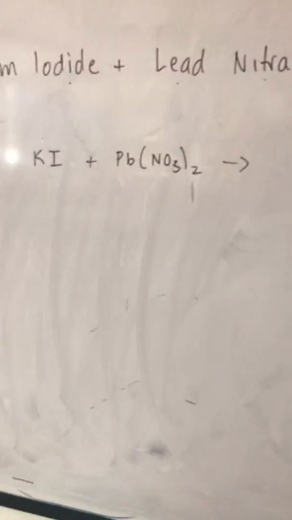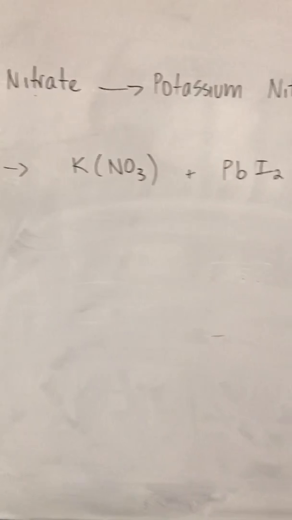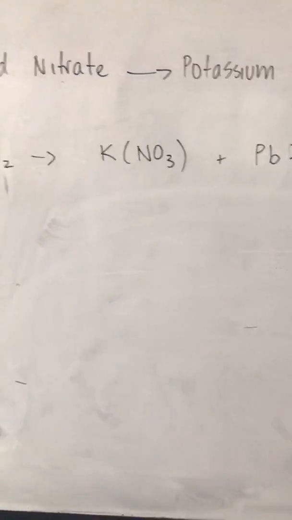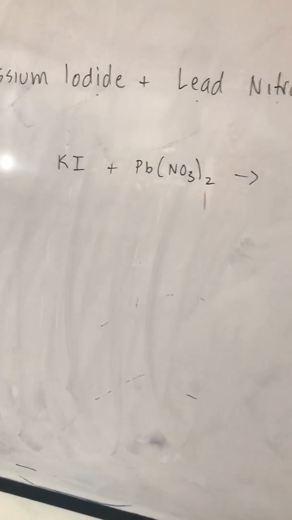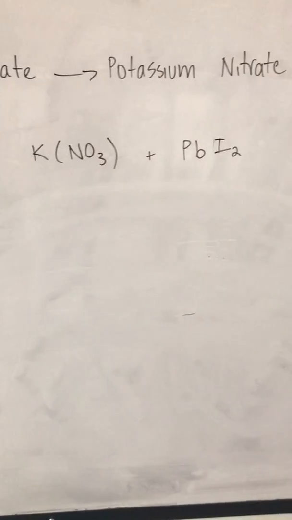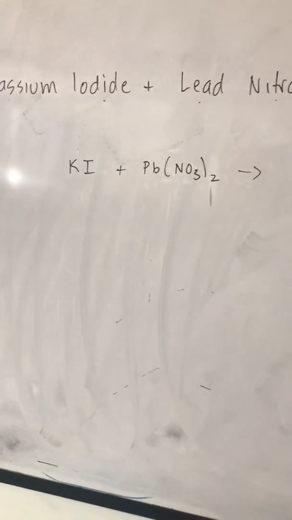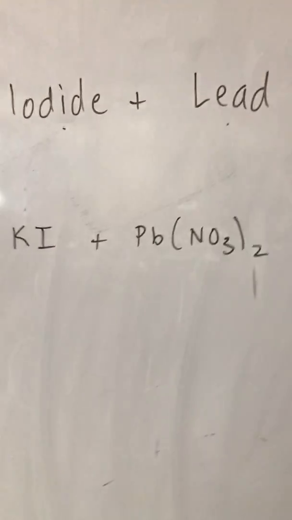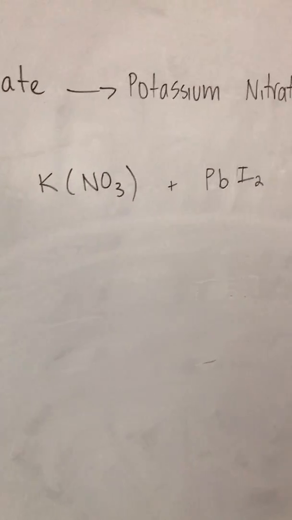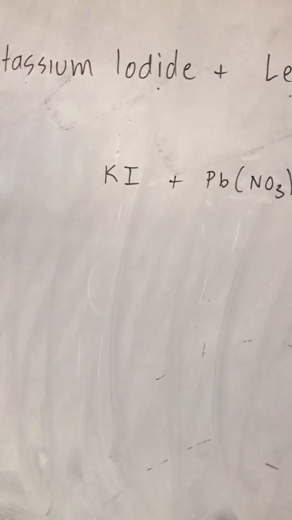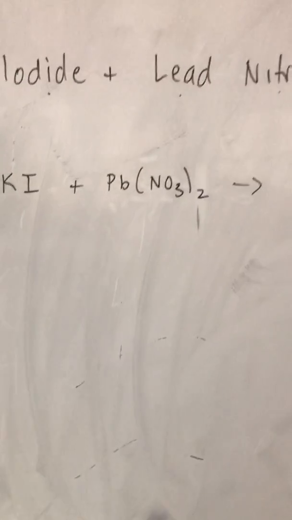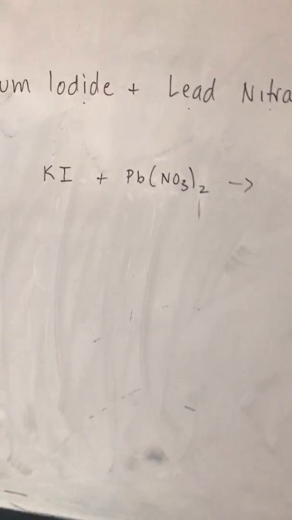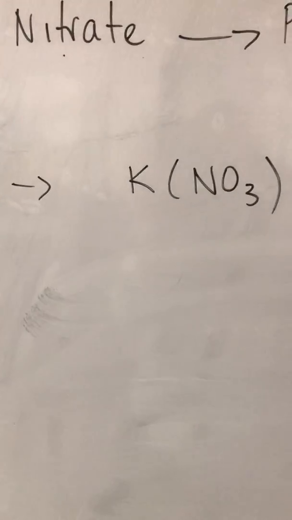So now I've written out my chemical equation for my precipitate reaction. I've got all my chemical formulas correct, so I don't need to worry about those now. And now I'm going to balance. I've already done a video on balancing, so I'm not going to draw it all out. I'm just going to do a quick version, where I just do a little tick. So K, I've got 1 potassium, 1 potassium.